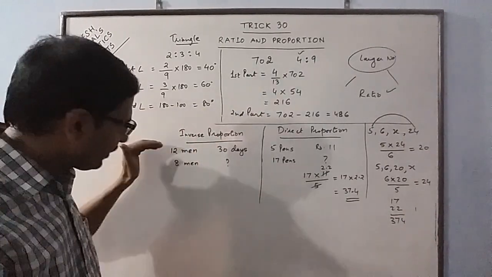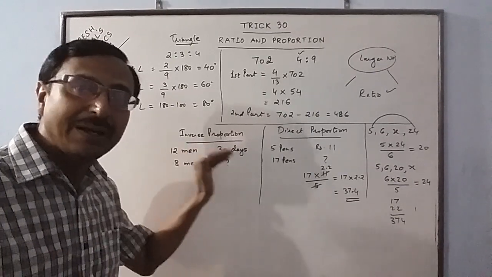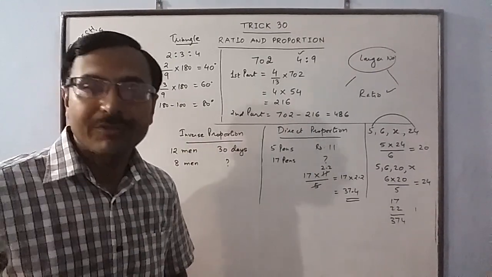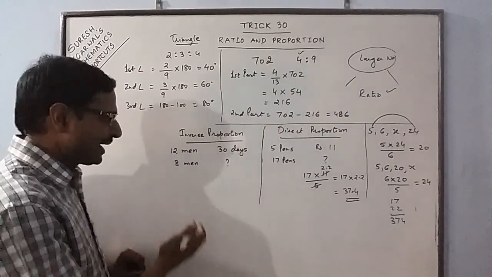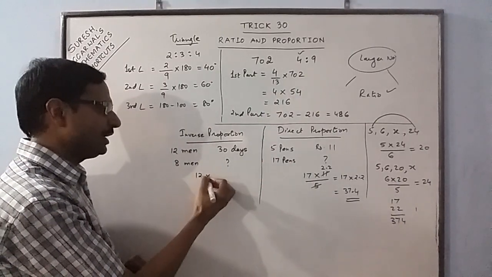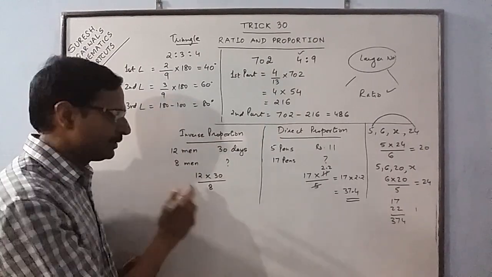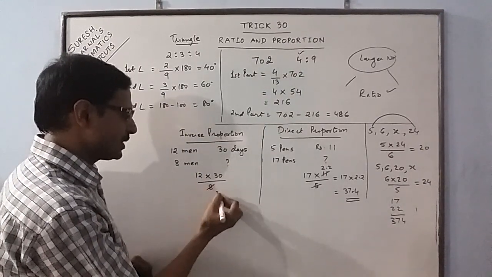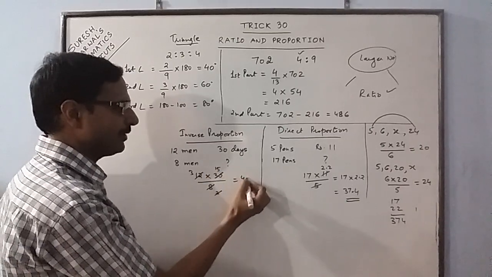Because if the number of persons decreases, then obviously they'll take a longer number of days to complete the task. So now the answer is in the straightforward manner, 12 into 30 upon 8. Multiply the first two and divide by the third. The answer is 45 days.